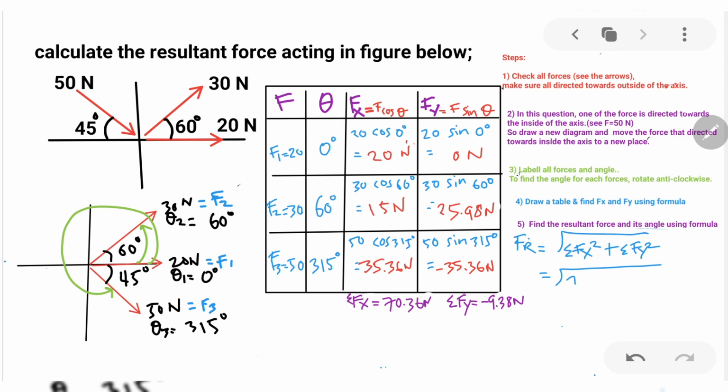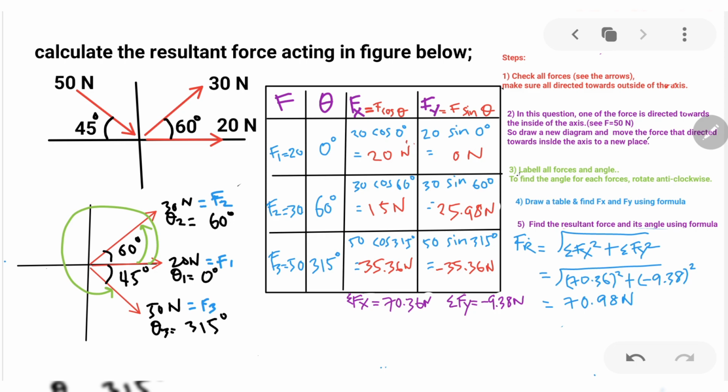So 70.36 squared plus Fy equal to negative 9.38 squared, and the final answer will be 70.98 Newton.